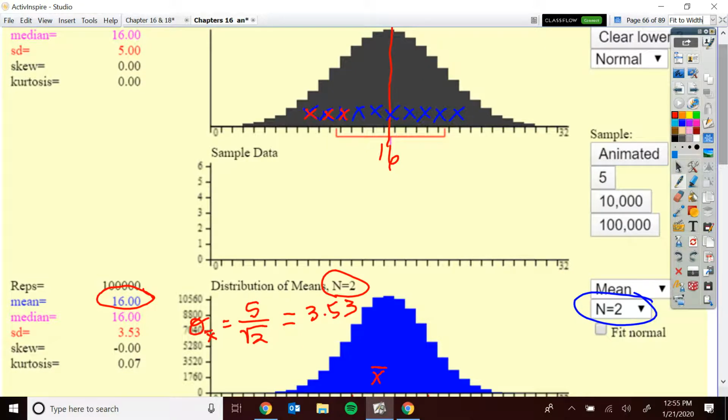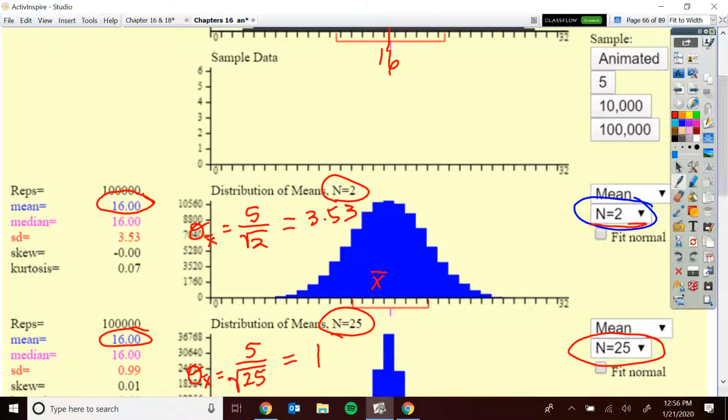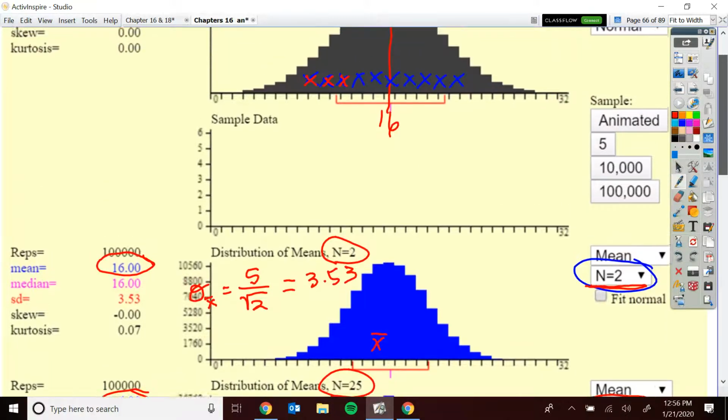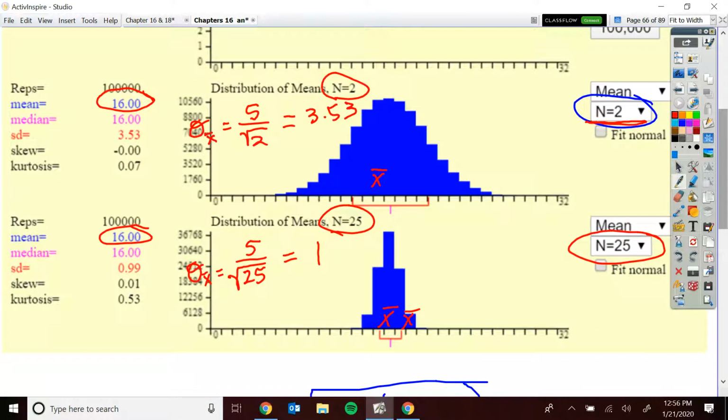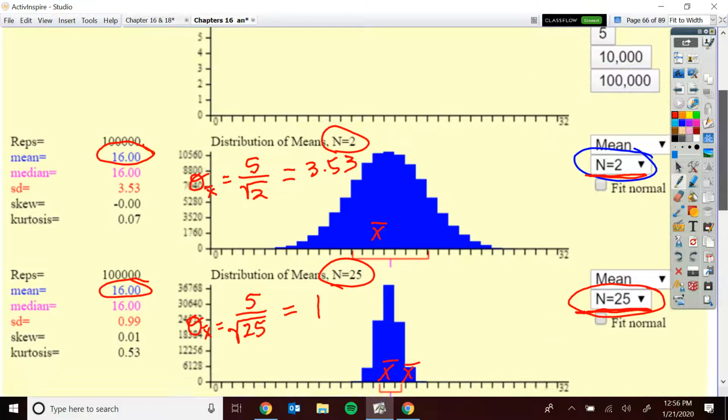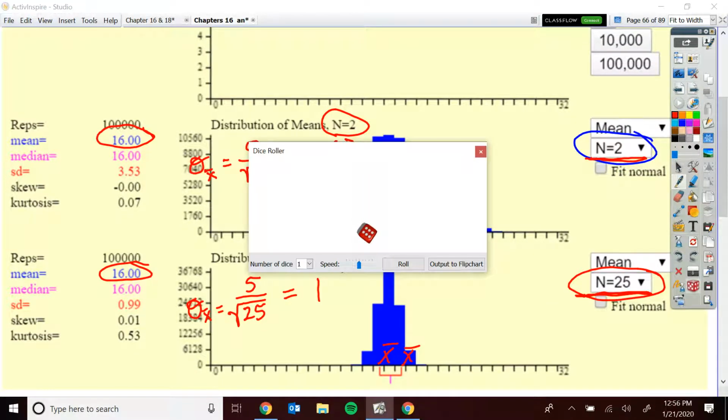This one underneath it was created from samples of size 2. So that was a random selection of 2 of the X's dropped down. And then here, this is from a random selection of 25 and then dropped down and you get your X bar.